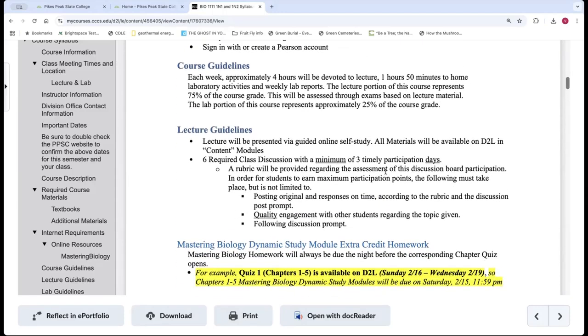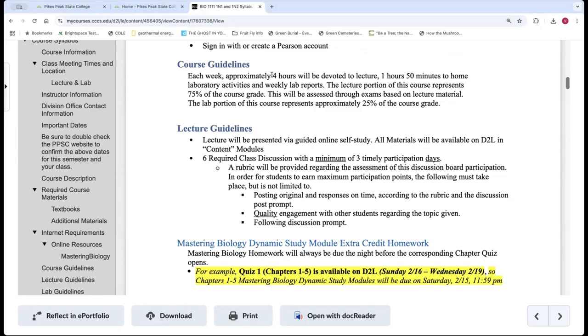Alrighty, so our course guidelines. It's really important that you dedicate 4 hours a week to your lecture material and about 2 hours to your laboratory activities. Some weeks are heavier on one side, some on the other. But either way, this course is essentially a 6-hour commitment at minimum.